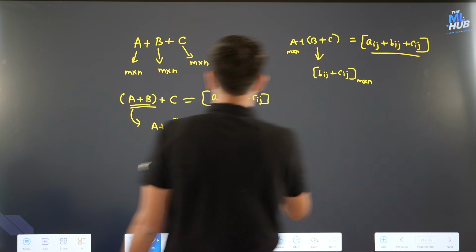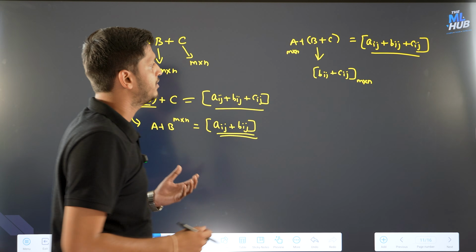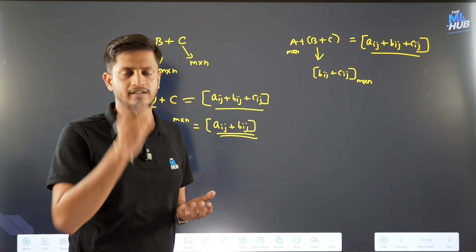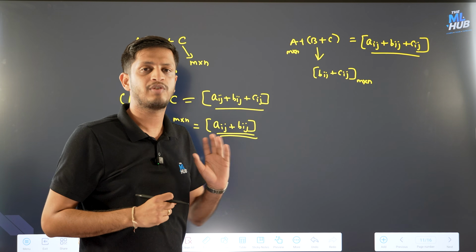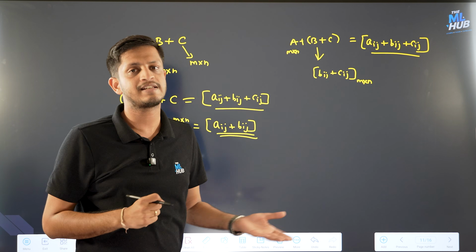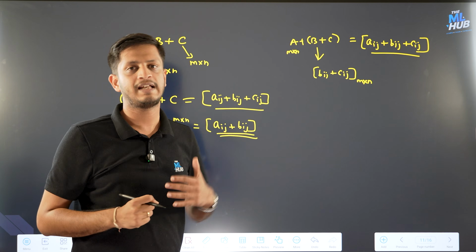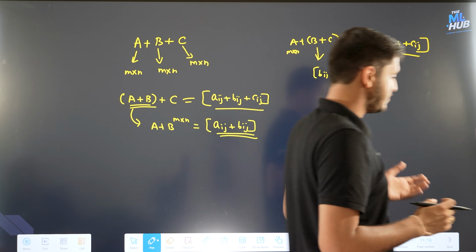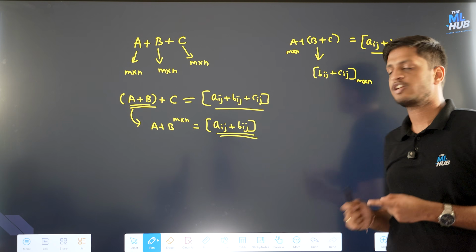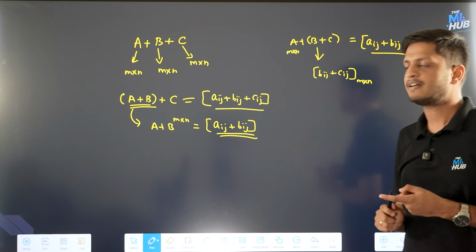And these two values are the same. And hence this property is called associativity. If we are adding three matrices, the order doesn't matter, we can add them in any order. You can add A and B first and then add C, or you can add B plus C first and then add A to it. And hence matrix addition is associative. It is commutative and it is associative.